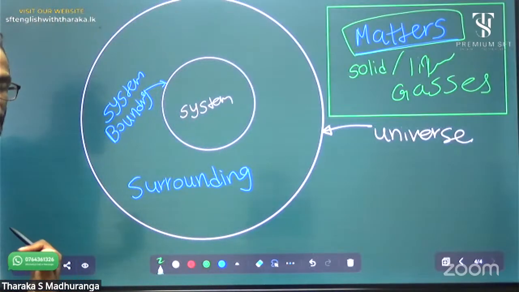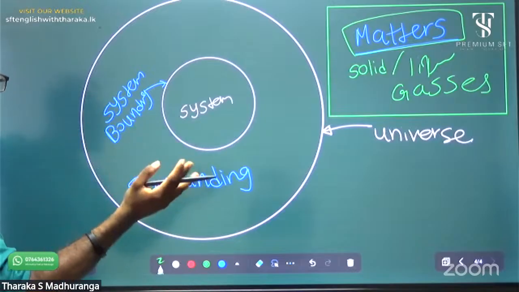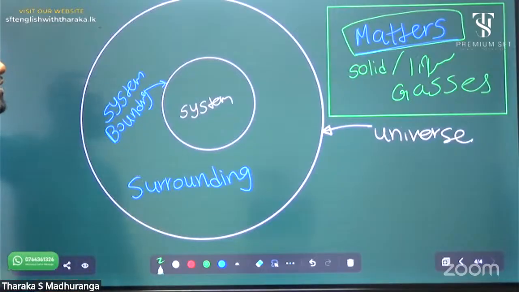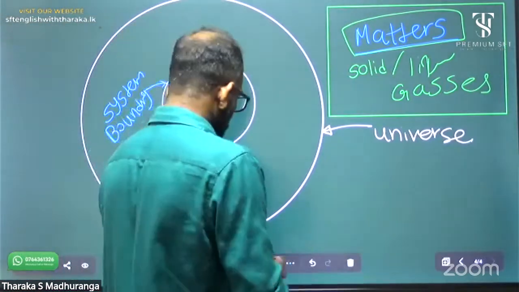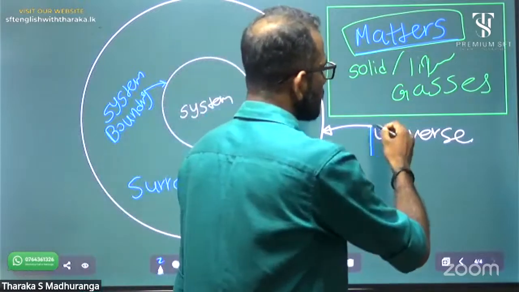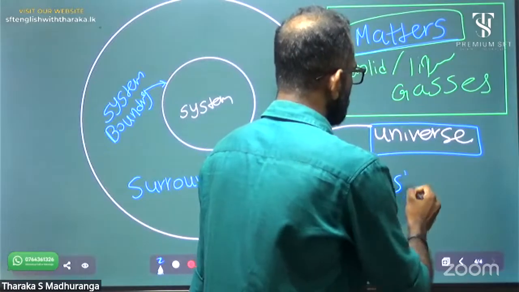Now, we discussed system, surrounding, universe, system boundary. I told you according to the energy conservation law, the total energy amount in the universe is a constant value, right?